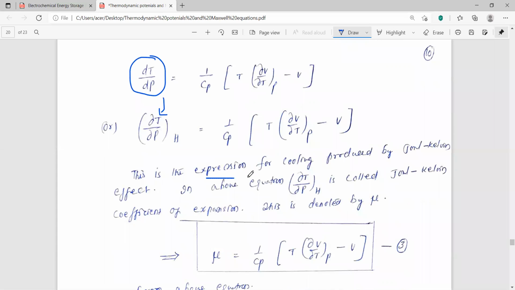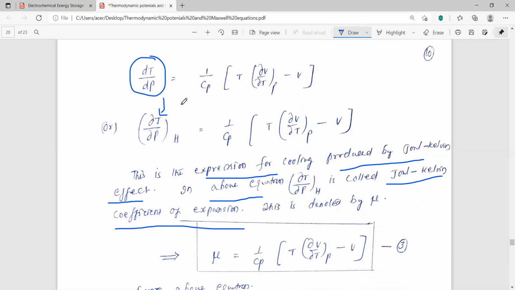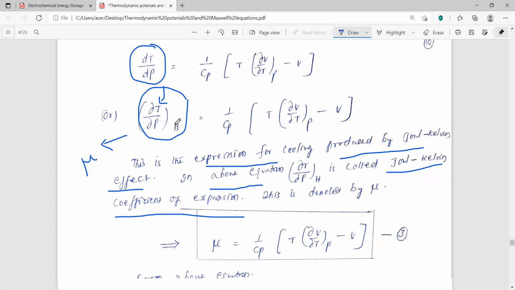This is the expression for cooling produced by Joule Kelvin effect. In the above equation, dou T by dou P at H is called Joule Kelvin coefficient of expansion. This value is denoted by mu.